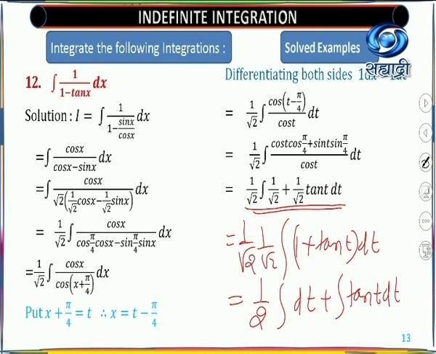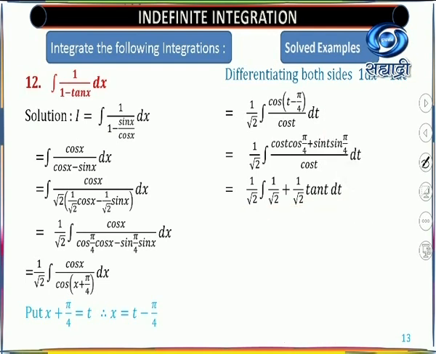You know that. What is integral dt? This is t, so you will get half here. This is equal to half, t plus log of mod of sec t plus constant of integration. So that value you are able to write immediately.